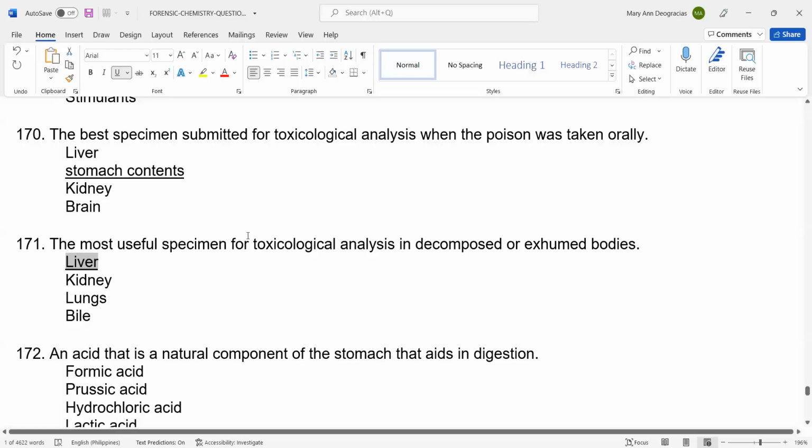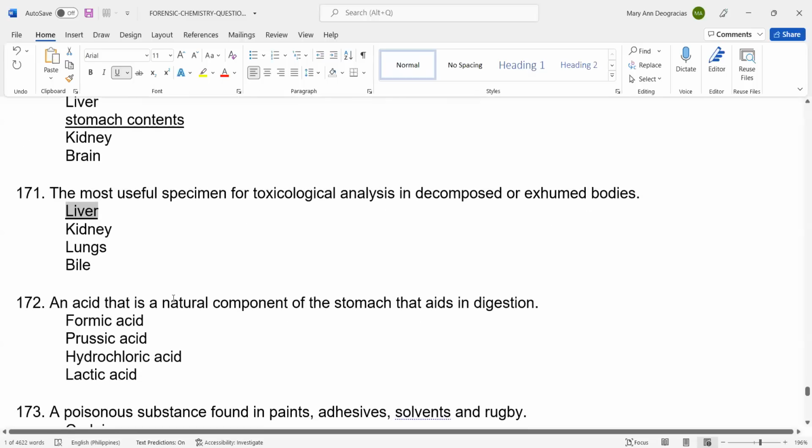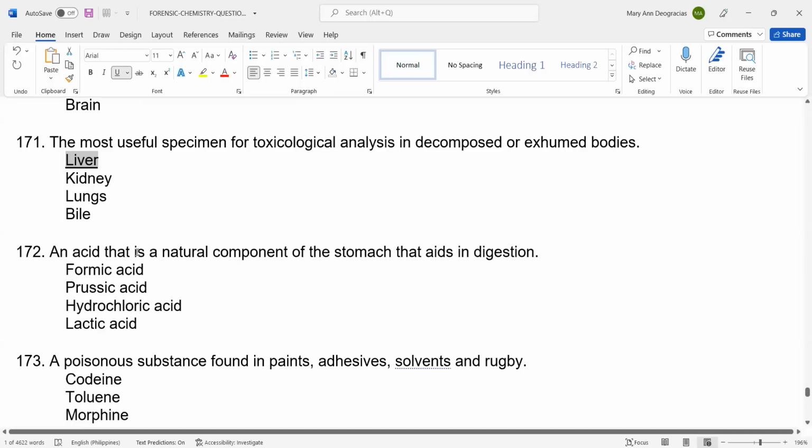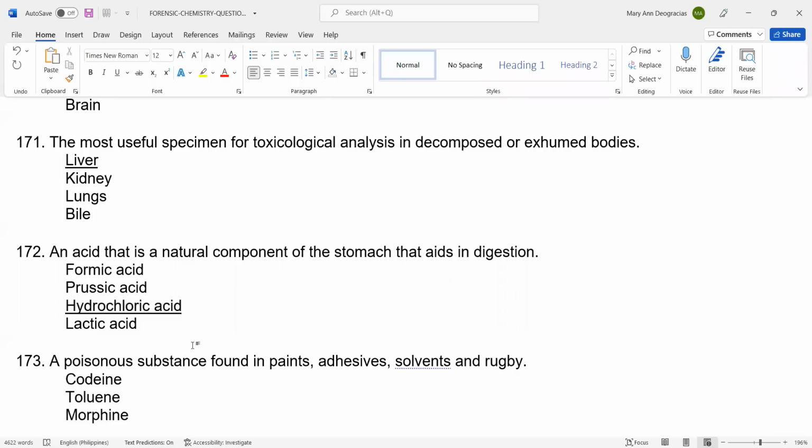Number 172. An acid that is a natural component of the stomach that aids in digestion. Okay, lactic acid is gatas, yan galing. Okay, we have hydrochloric acid, or that's the muriatic acid. So, may konting hydrochloric acid ang ating stomach.